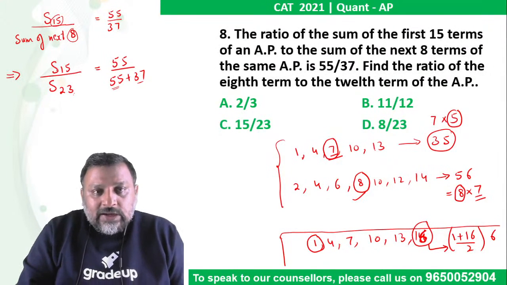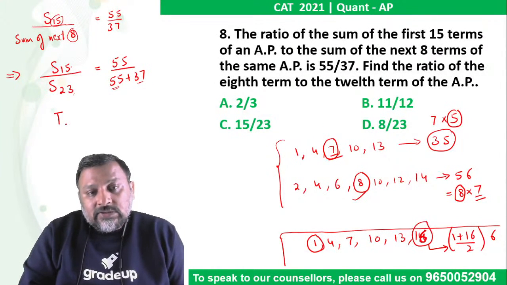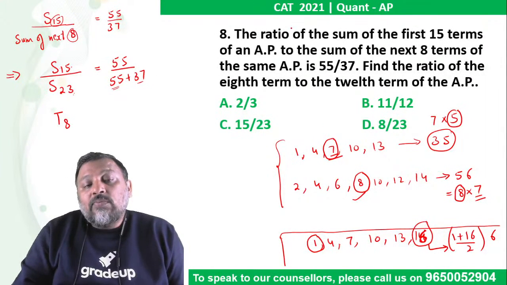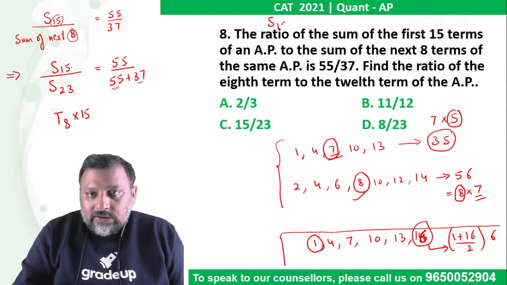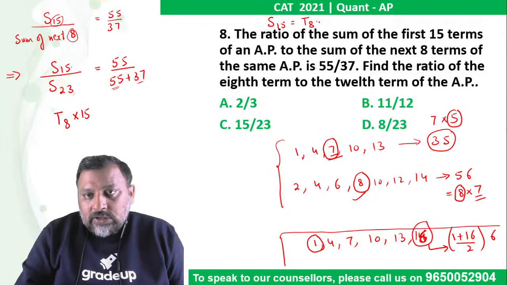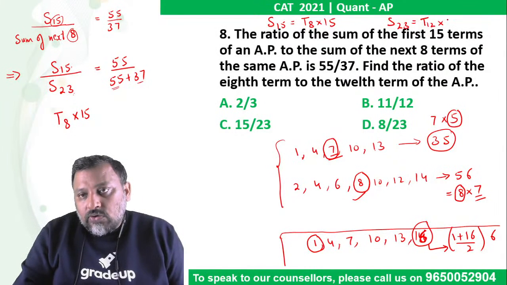So can we say, if you take the sum of these 15 terms, what will the middlemost term be? In 15 terms the middlemost is 8, and the number of terms is 15. So S15 is nothing but middlemost into number of terms. S23 is nothing but middlemost into number of terms.